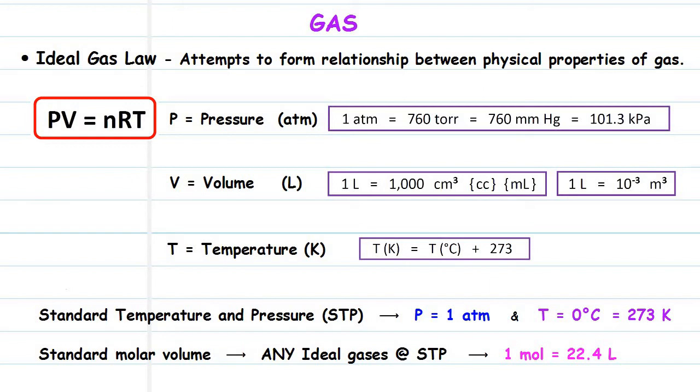Remember, first is PV equal to nRT. Second is STP, standard temperature and pressure. And third is that at STP, 1 mole of gas will occupy 22.4 liters. So next, we will practice some questions.